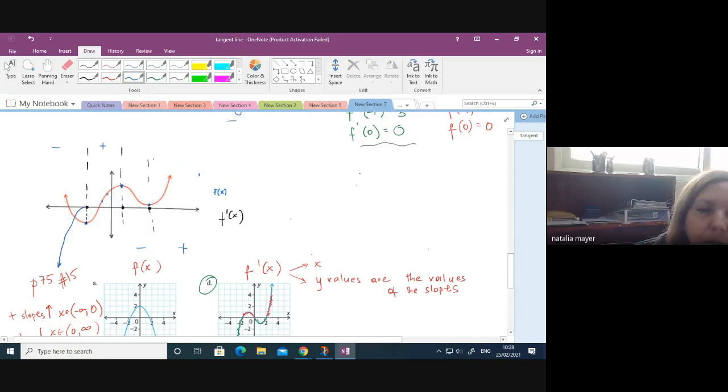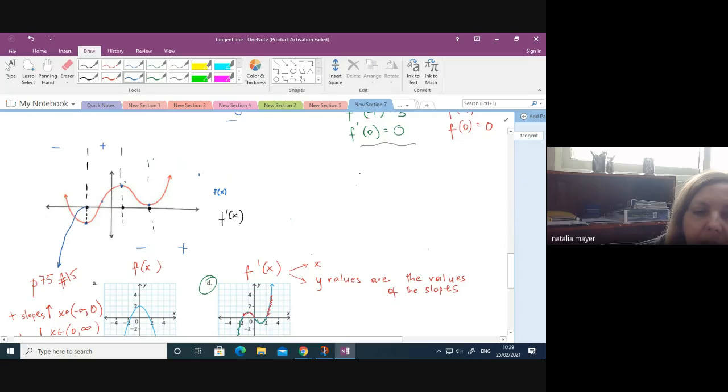But afterwards it becomes flatter and comes back to 0. It keeps growing, and then it becomes less and less, increasing and then decreasing.